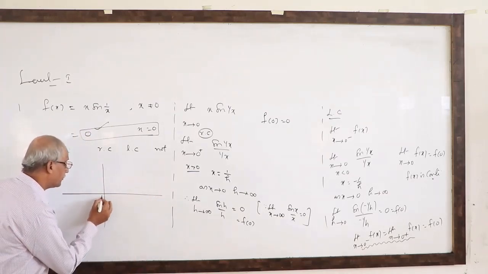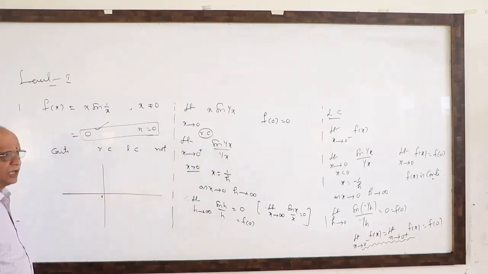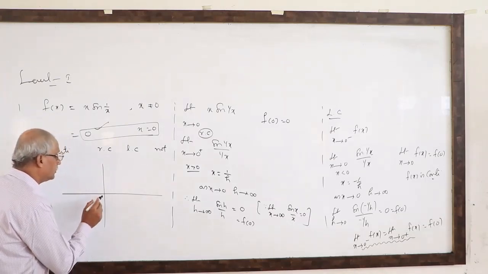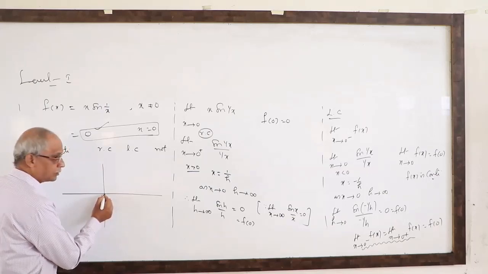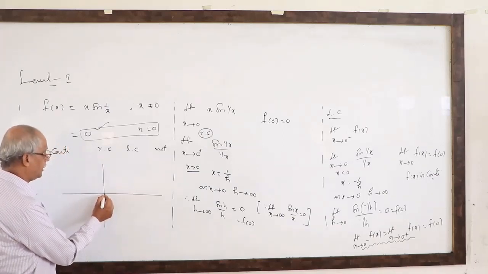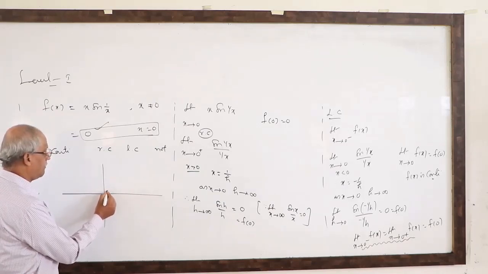Now you see, sin of 1 by x is an oscillatory function. It creates oscillations or vibrations starting very close to 0 but not 0. Therefore, you start very near. It looks like I start from the origin but not like this. It creates oscillations like this, up and down.